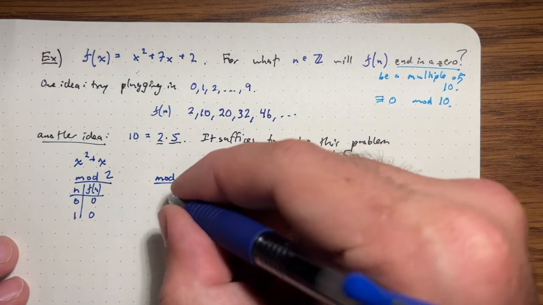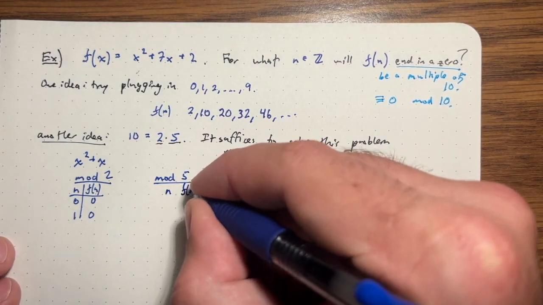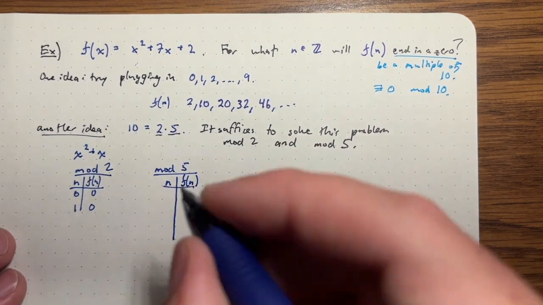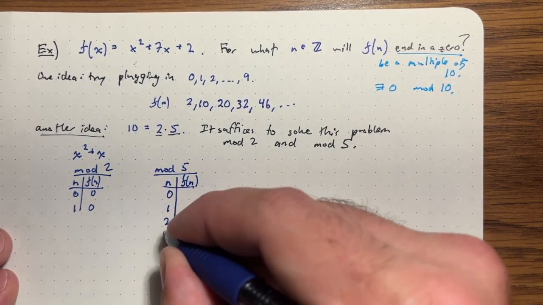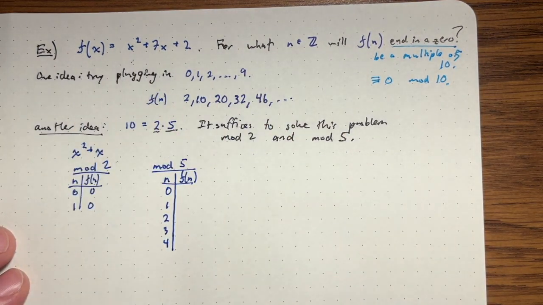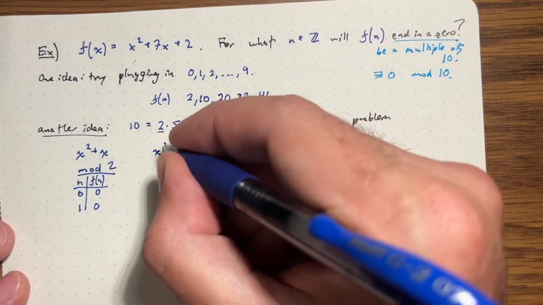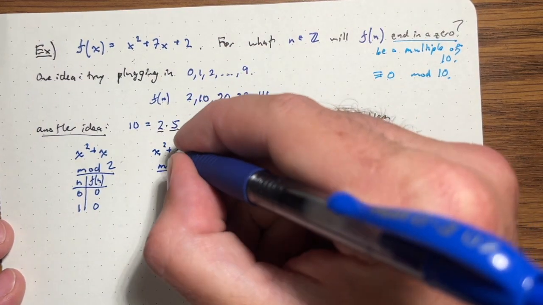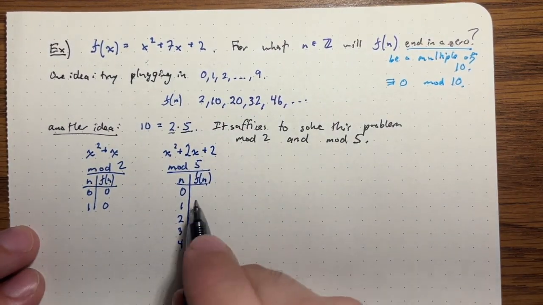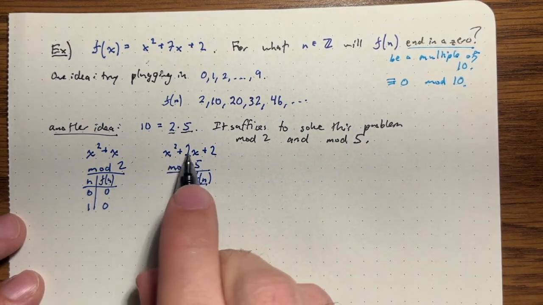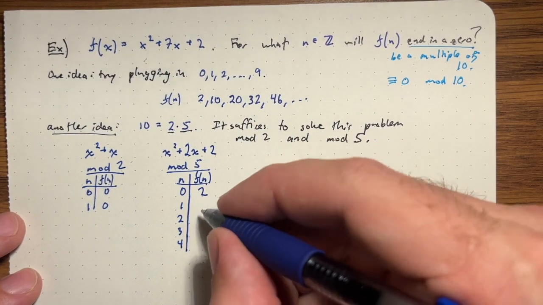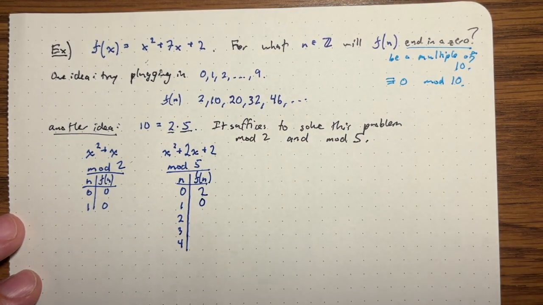When am I going to get a multiple of 5? What values of n? What values of x I'm plugging in? Well, here are the possible values mod 5. And when I plug these in, well, let's simplify our polynomial. If we want, we can replace that 7 with a 2, right? Because we're working mod 5. So f of 0 is going to be 2. F of 1 is going to be 5, but that's 0 mod 5.